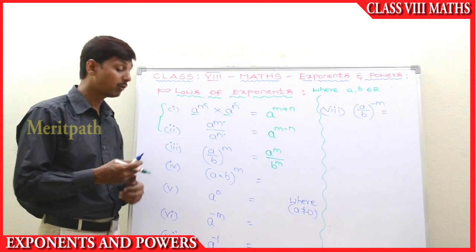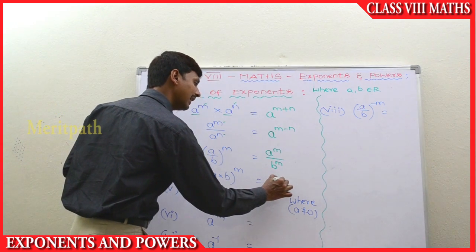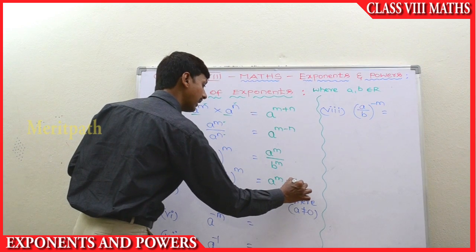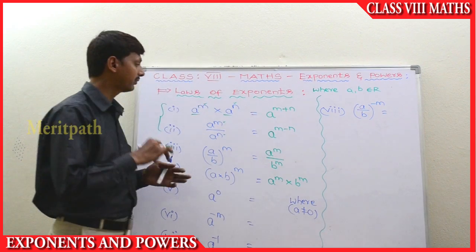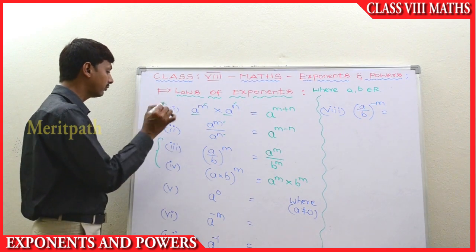So a power n by b power n. Similarly, it becomes for multiplication a power n into b power n. So n comes for both. And then the multiplication, there is a common relation between third and fourth.